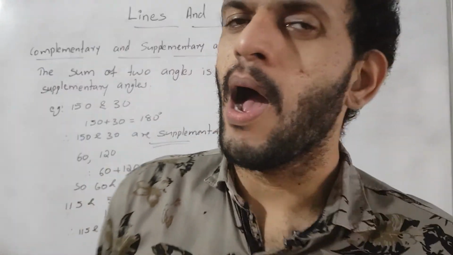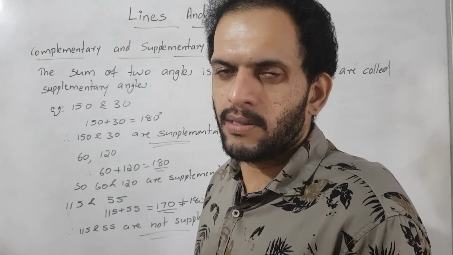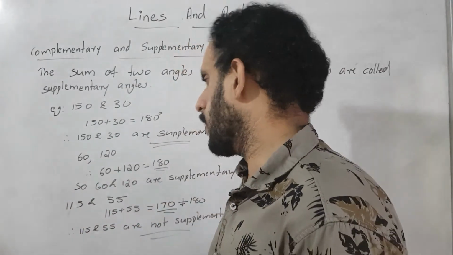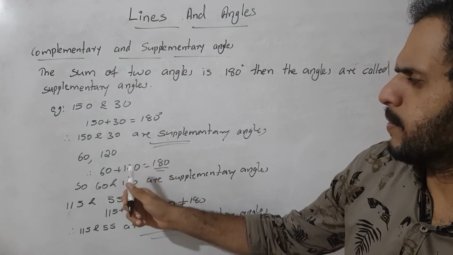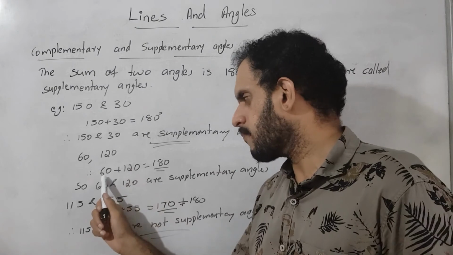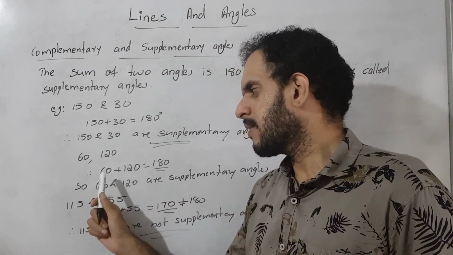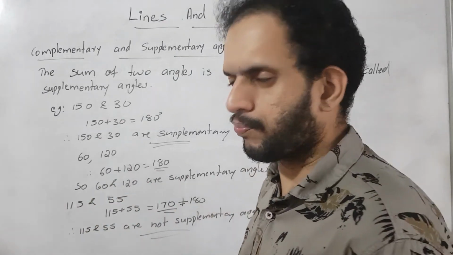Okay, then I think you got the idea how to check whether the given angles are supplementary or not. Then I told you we call 120 the supplement of 60. And how do we get the supplement of 60? The supplement of 60 is 120. Then how do we get that one?